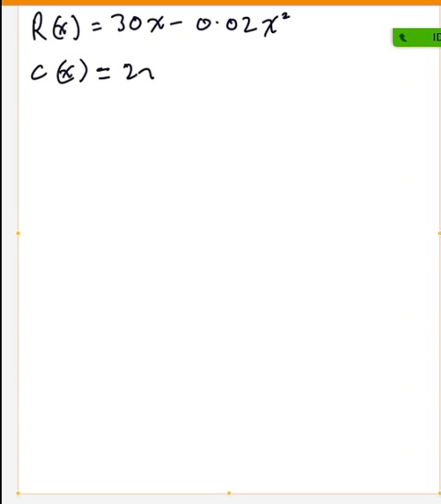I've taken the liberty to try to solve one of the problems that you had problems with. That was problem number 10. It said, you were given a revenue function R of x equal to 30x minus 0.02x squared, and then a cost function, which was given as 2x plus 5.